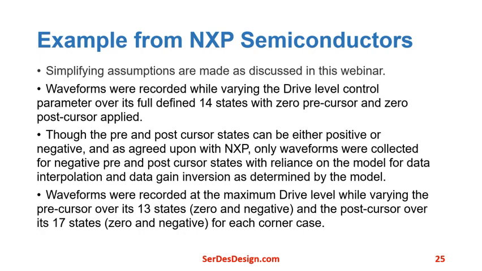Waveforms were recorded at the maximum drive level while varying the precursor over its 13 states, 0 and negative, and the postcursor states, 0 and negative, for each corner case.